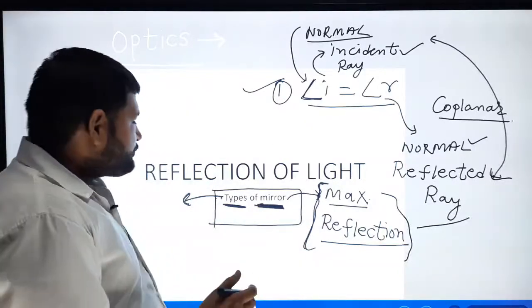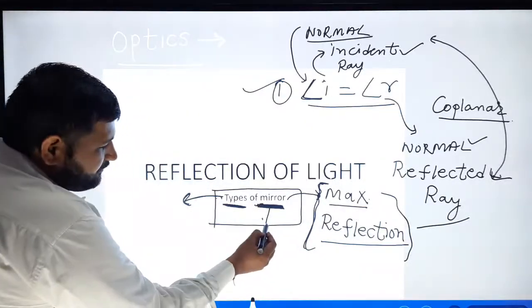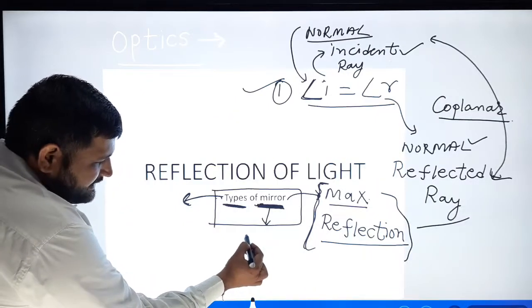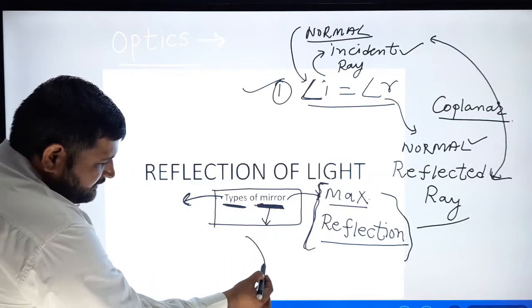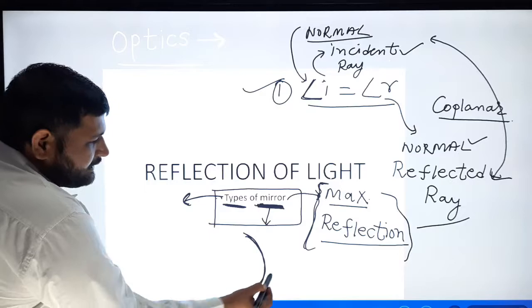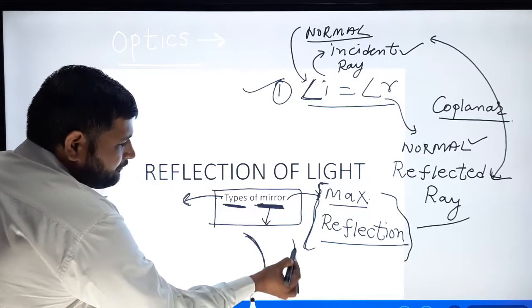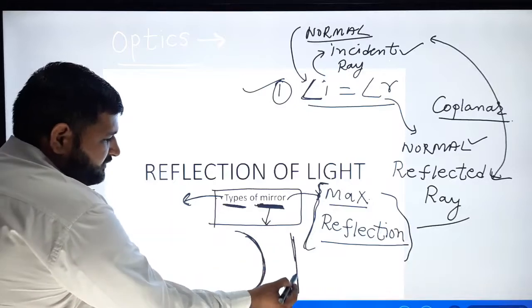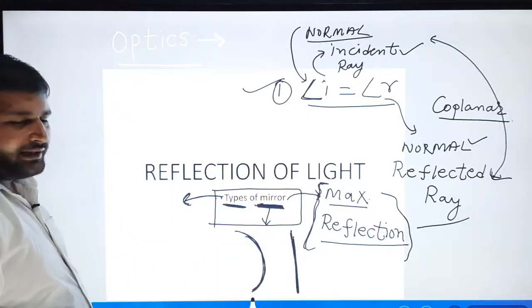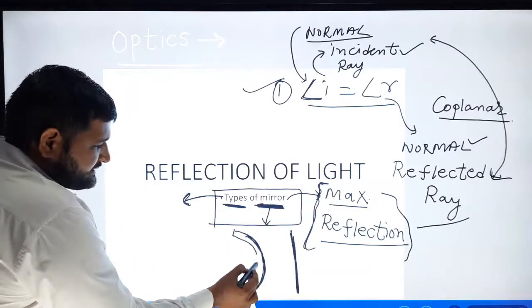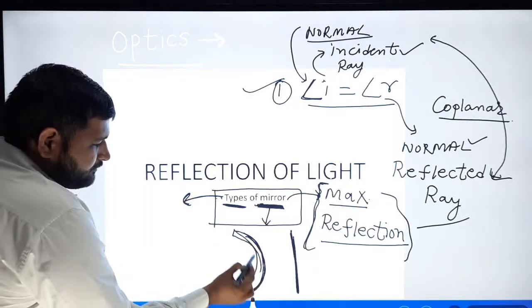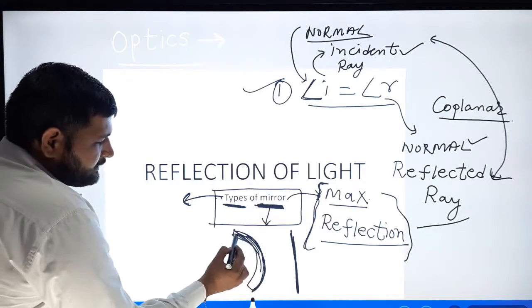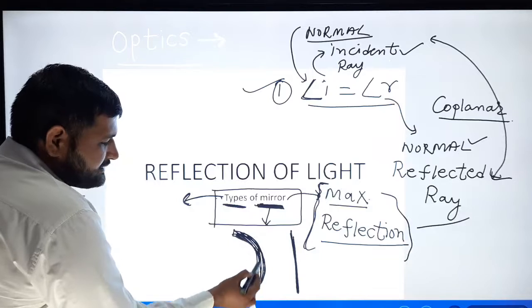Okay, so to construct a mirror, let's assume that we will take a surface of glass which can be either curved or plane. This surface of glass, this side of the surface is polished with silver to make it shiny and smooth.